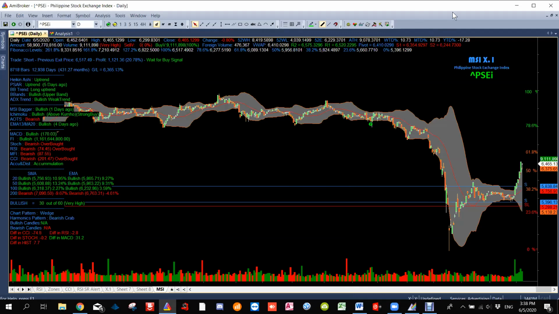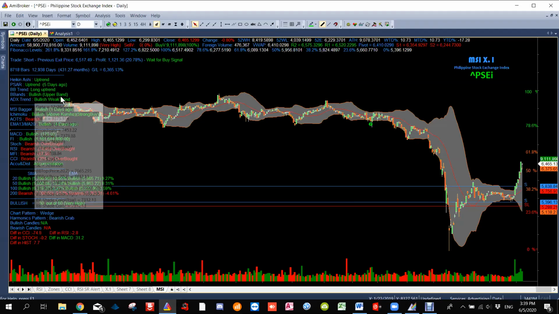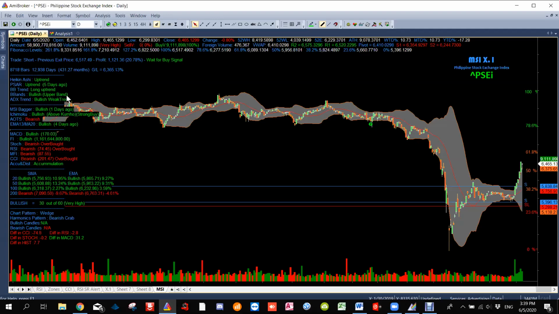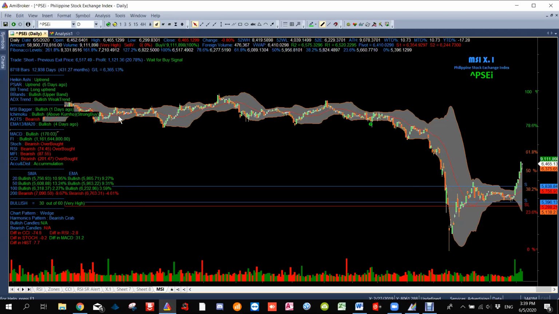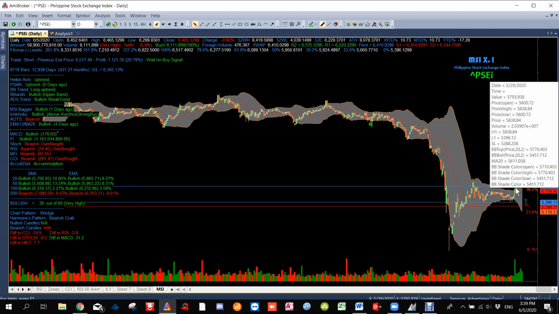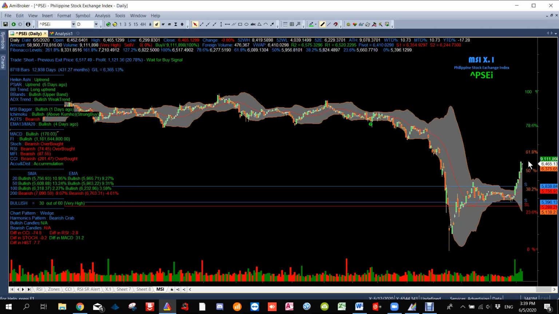Okay. For MSI users, makikita na siya dito. Okay. It says that the current trend is bullish and the price is along with the upper band. So ibig sabihin nun, the trend is bullish.